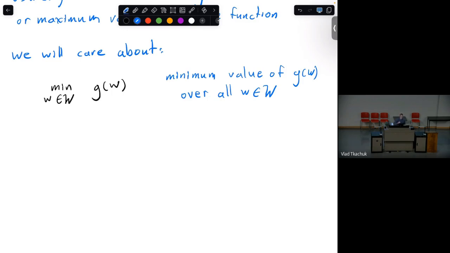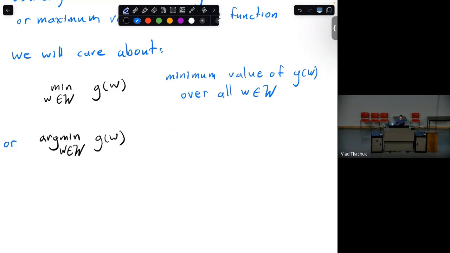So we'll care about finding either the minimum value of this function or the argument, so the value of w that gives you the minimum. So we write the argmin, and this is notation that you should get very familiar with. We'll write the argmin of g of w, and what does this mean?